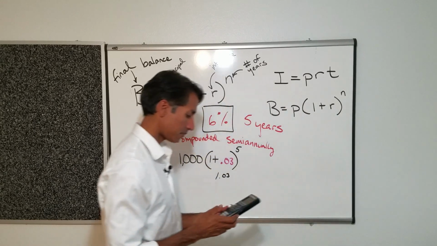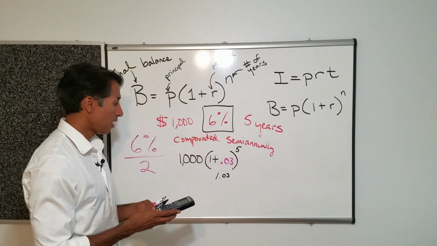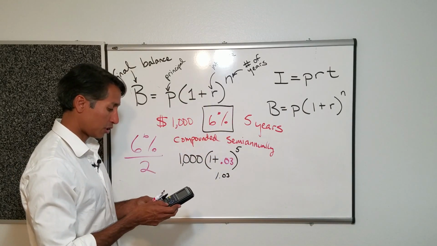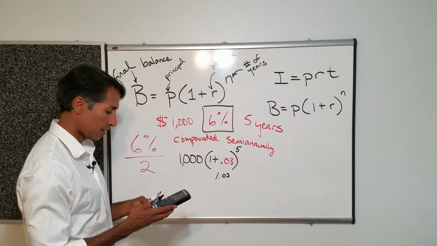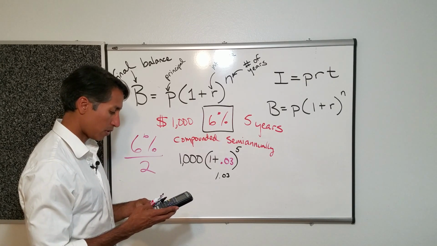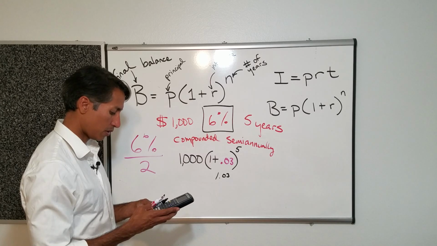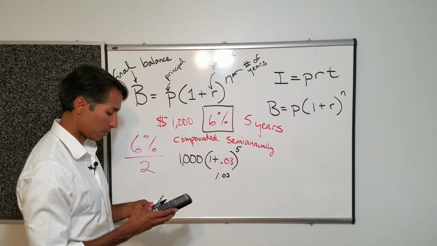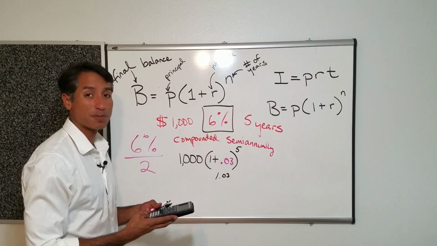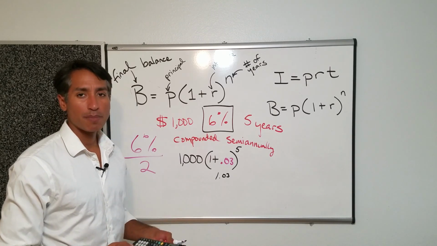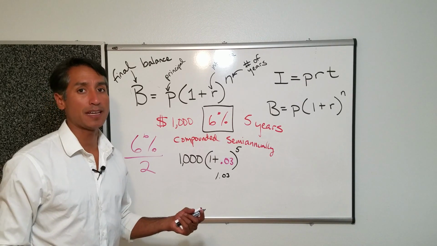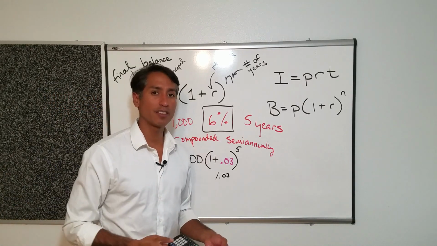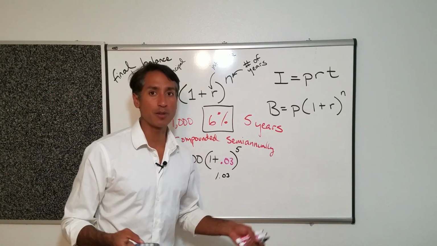So let's do the same thing here. I'm going to go old school and just do 1.03 times 1.03 times 1.03 times 1.03 times 1.03. I know that's probably not the most efficient method, but I just want to show you that it can be done that way. I don't think that you need to learn all these tips and tricks and go crazy with some of this stuff.